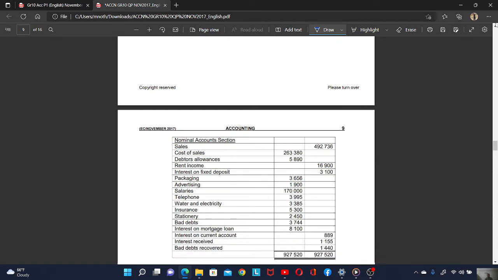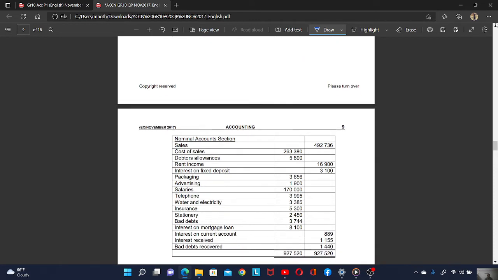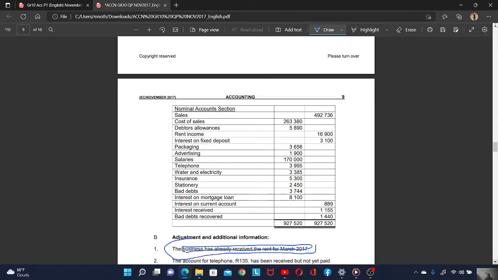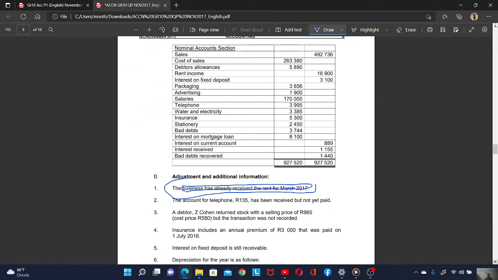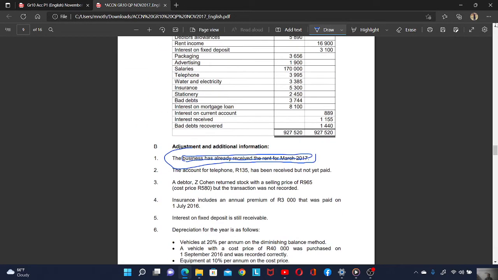And then they are saying that the rent is 16,900. So if they are saying that we have received the rent for March 2017, we know that a financial year has 12 months, right?